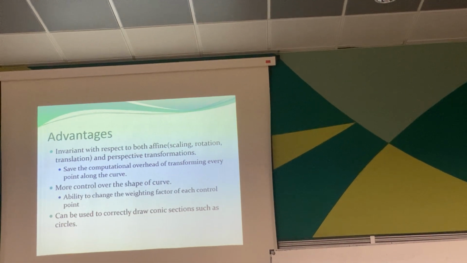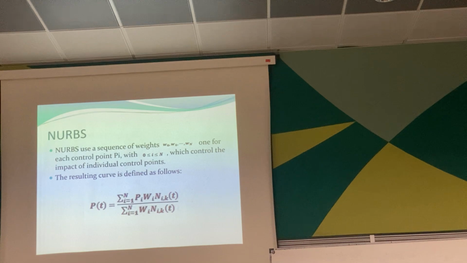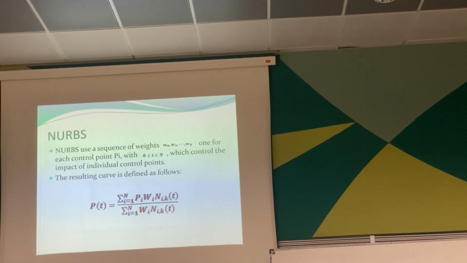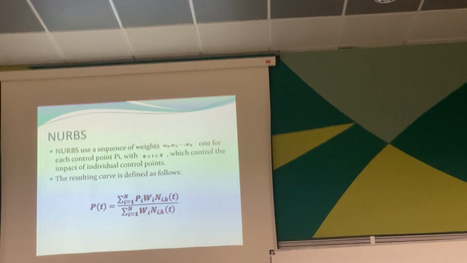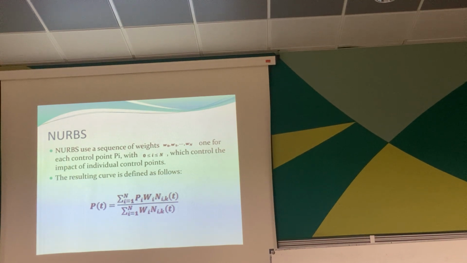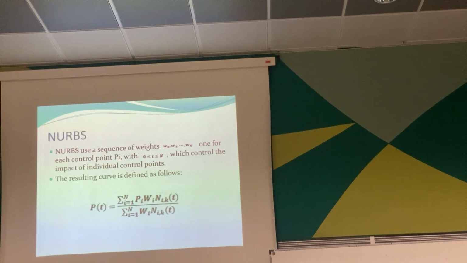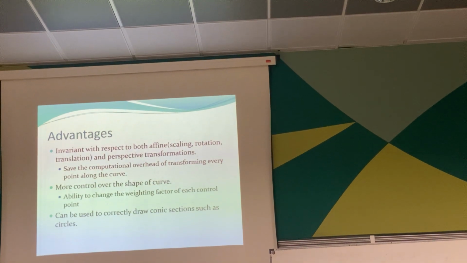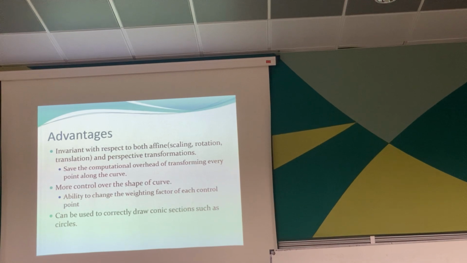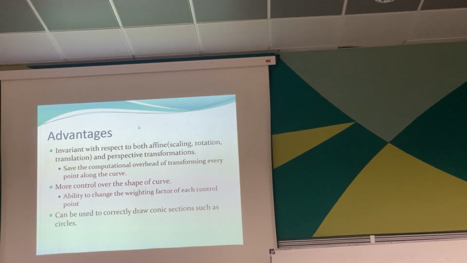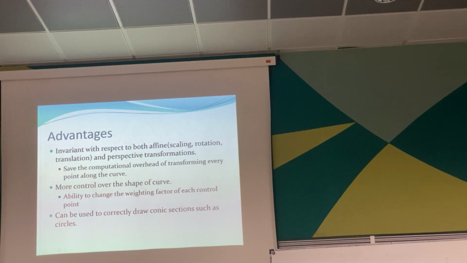With the implementation of NURBS, we will see one example at the end of the chapter, which is called conic section, where you adjust the W and you can get different shapes. The advantages of using NURBS: more flexible, more controllable, with invariance under affine transformation, your TRS.